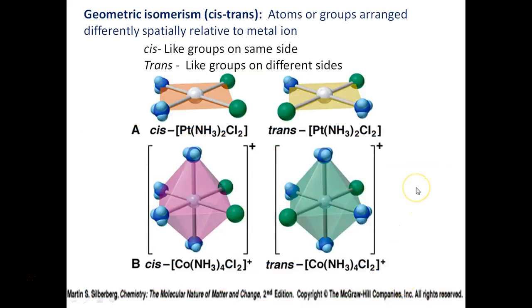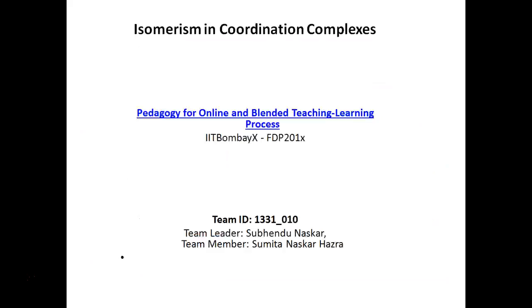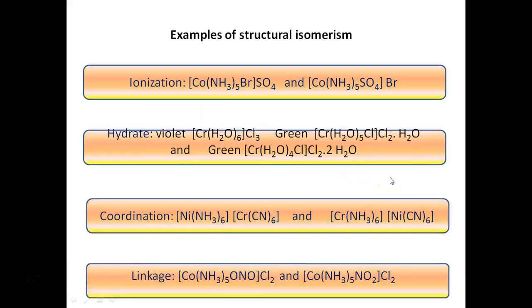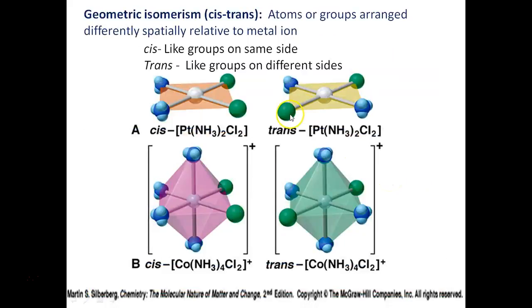Next we come to geometrical isomerism. As we find here, it comes under the category of stereoisomerism. In geometrical isomerism, the atoms or groups are arranged differently in space. So for a cis complex, the like groups are on the same side of the metal ion, whereas in the trans complex the like groups are on the opposite side of the metal ion.